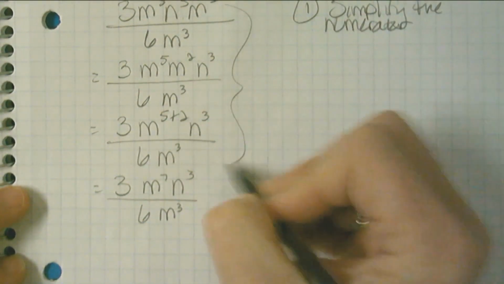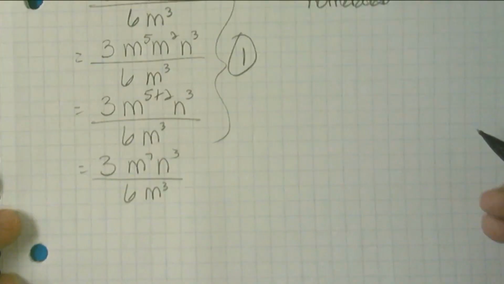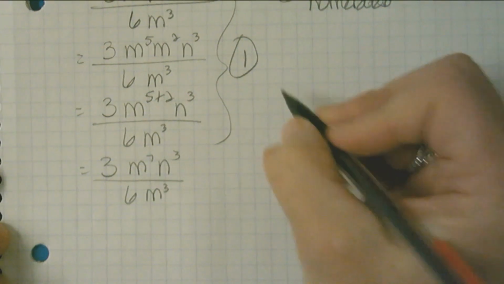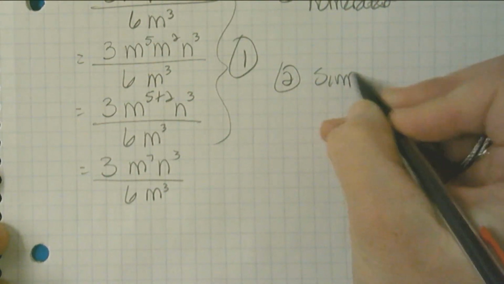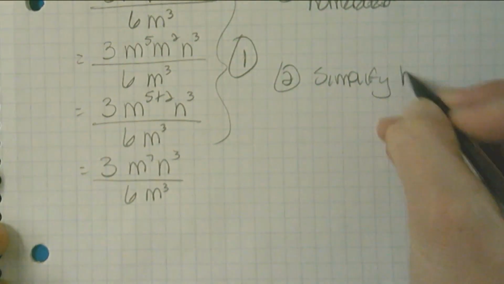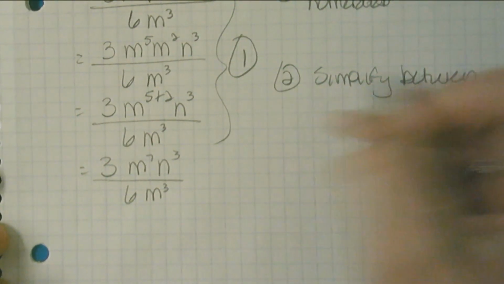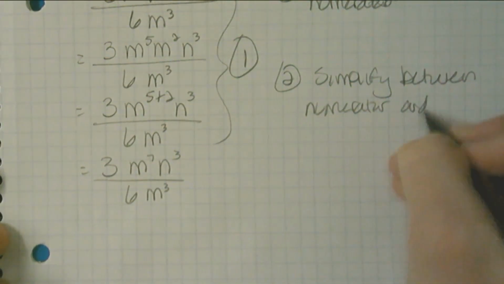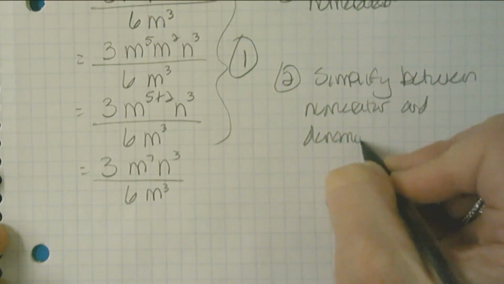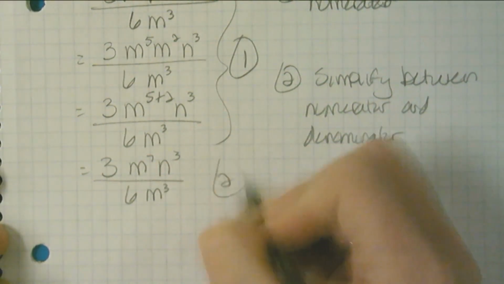So here is step 1. All right, step 2, now simplify between the numerator and denominator. So here is step 2.